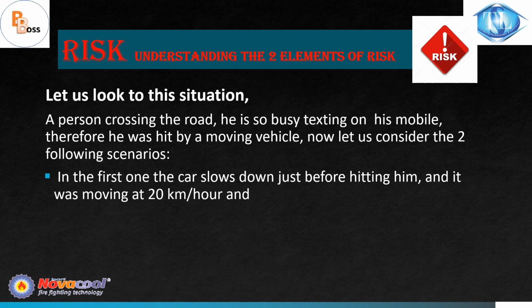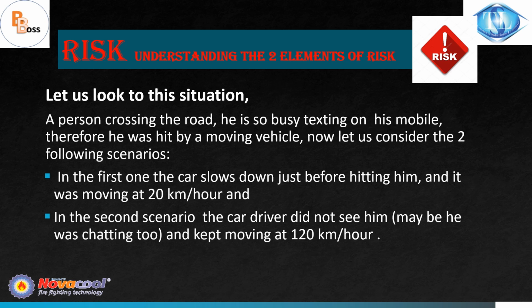In the first scenario, the driver of the car, at the last moment, saw him and managed to push the brakes and slowed down to 20 kilometers per hour before hitting him. In the second scenario, the driver couldn't stop and hit him at 120 kilometers per hour.